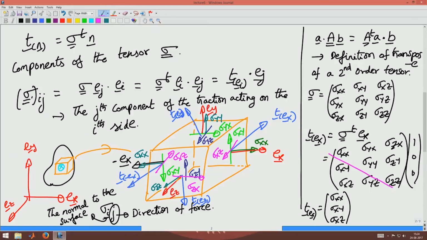These three are called normal stresses because they are acting normal to the face. Okay. And the remaining three components are called shear stresses because they are acting parallel to the surface. Okay. So, this is how you find the components of the stress matrix or stress tensor.